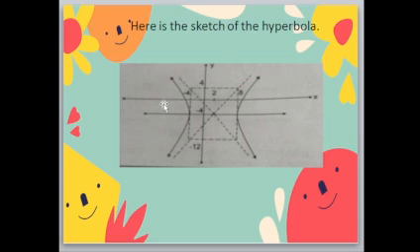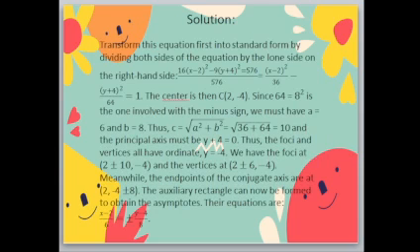So, here is the sketch of the hyperbola. Okay, let's go back here. So, we have the foci 2 plus 10, which is 12. And 2 minus 10, we have negative 8. Ang ato ang vertices is 2 plus 6, we have 8.